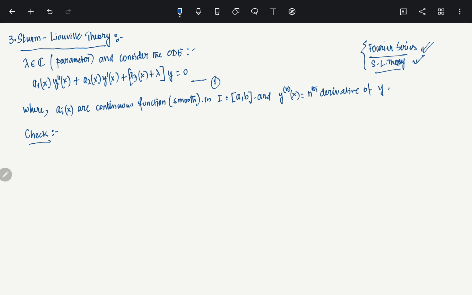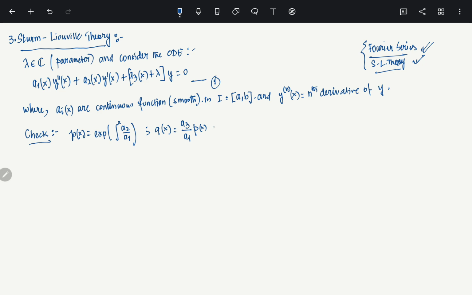So check that if you define P of x as the exponential of the integral of a2 by a1, with respect to x, and then Q of x to be a3 by a1 times P of x. Of course a1, a2, a3 are all functions of x.